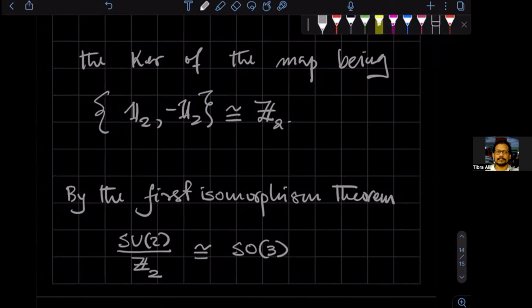For any rotation in SO3, there will be an element in SU2, right? Physically, I guess it's pretty simple. Can we think of it physically from the example?